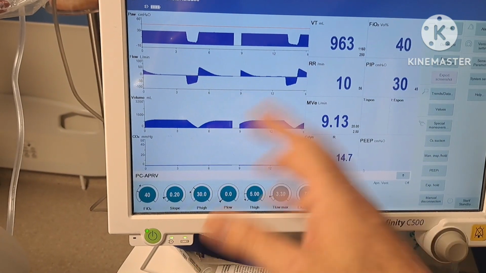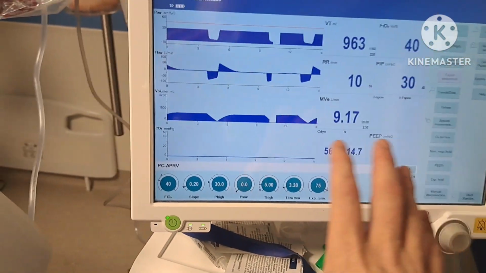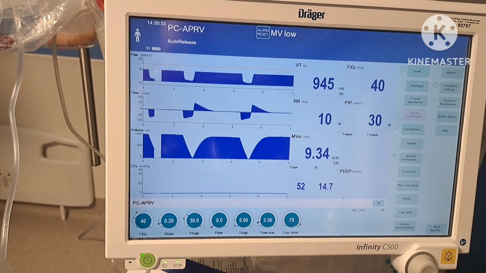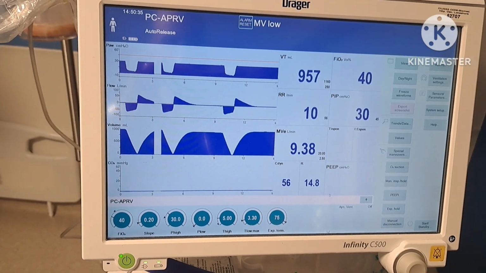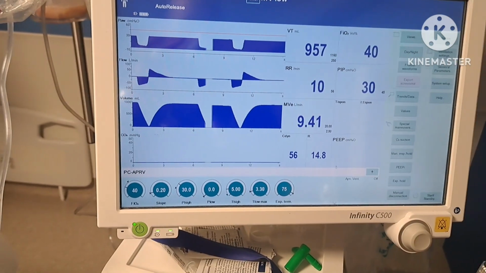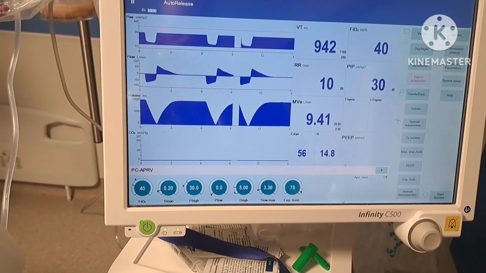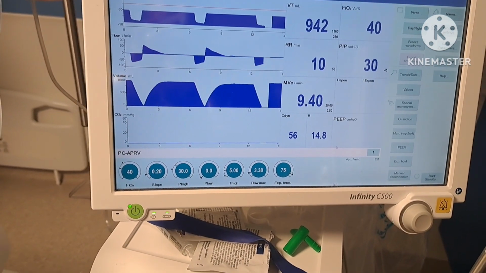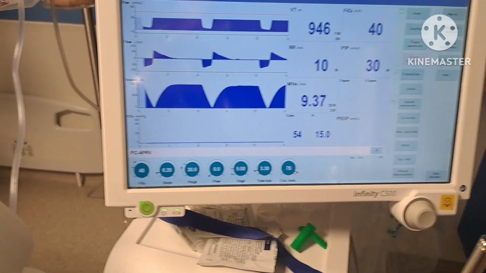So often when you're using Aprv in the recruitment, a fully recruited lung and a release to ambient pressure will give about 10 cc's per kilogram of ideal body weight. Obviously studies have to check that out, because we have the 6 to 8 as a protective lung, but with Aprv things are a bit different.